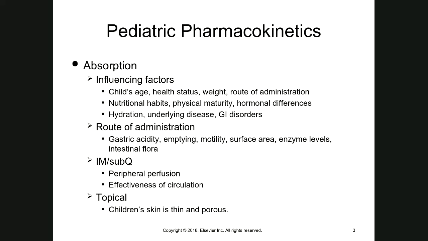And so you have the IM, sub-Q, the peripheral infusion, effectiveness of calculation, and topical. Children's skin is thin and porous, so you see a lot of Phenergan given to the child's forearm or the inner wrist.